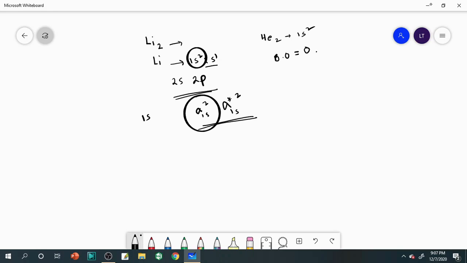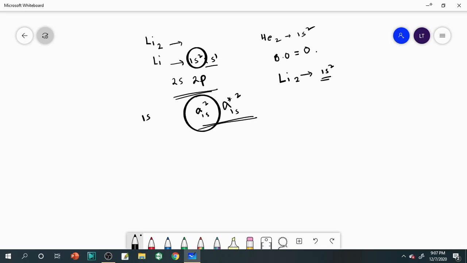That indicates that no bond formation occurs. That means in the case of Li2, this inner 1s orbital will contribute nothing to the ultimate bonding, and this is valid for all lithium onwards molecules. So there is no role of the 1s orbital.